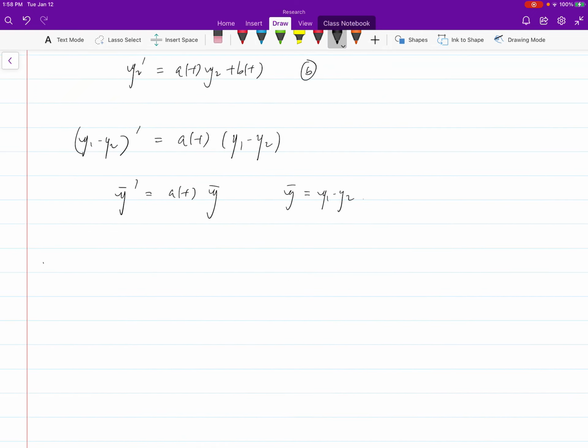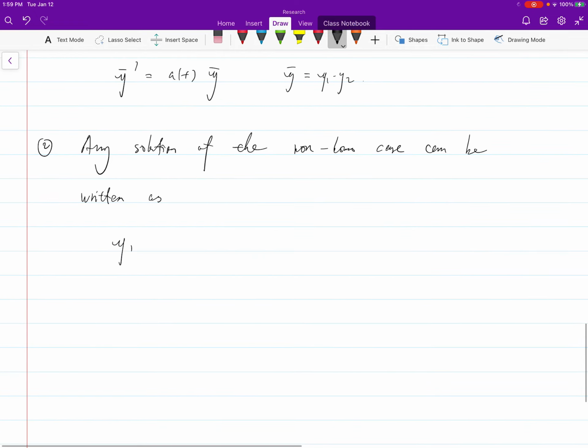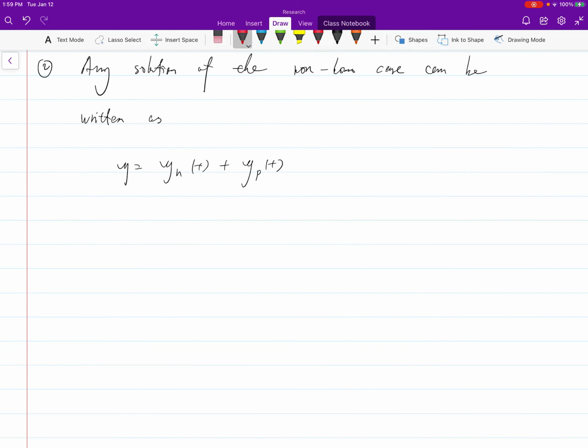In other words, any solution of the non-homogeneous case is or can be written as y equals y_h(t) plus y_p(t). Here, y_p(t) is any one solution of the non-homogeneous case.